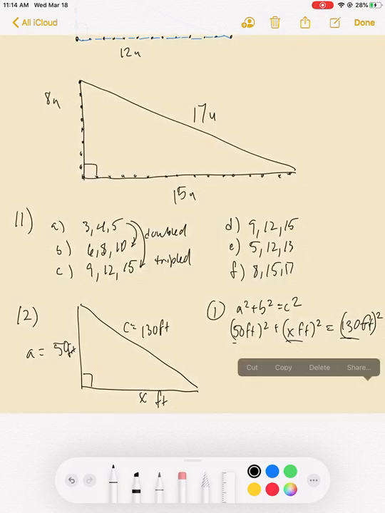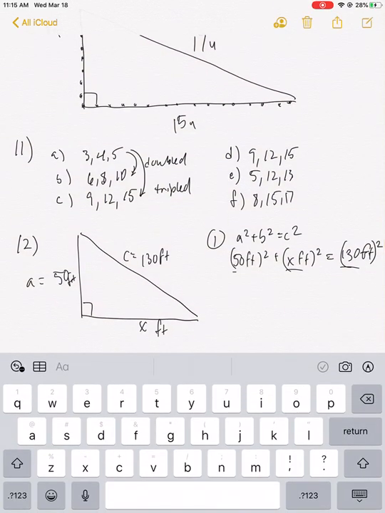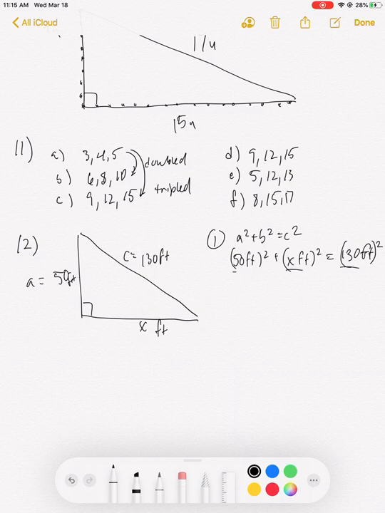Now 50 feet squared is going to be 2,500 feet squared, plus x feet squared is equal to, now 13 times 13 is 169, and then we add 2 zeros on because we're squaring. To find out x feet squared, we subtract 2,500 from both sides because we want to get just x by itself.